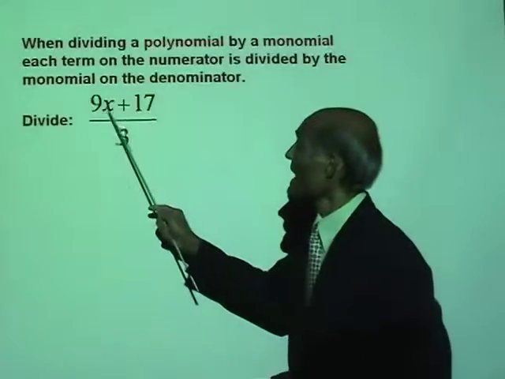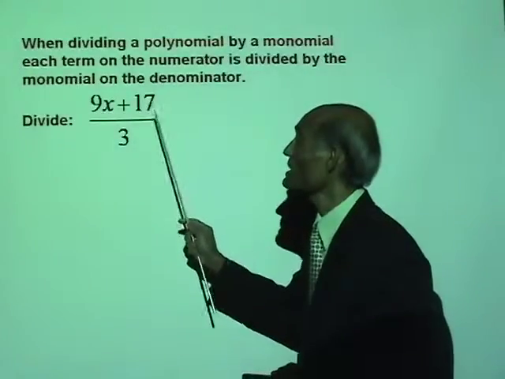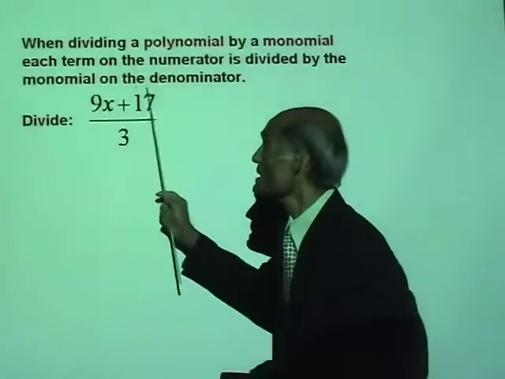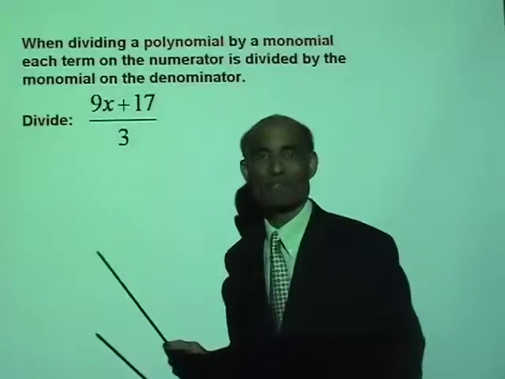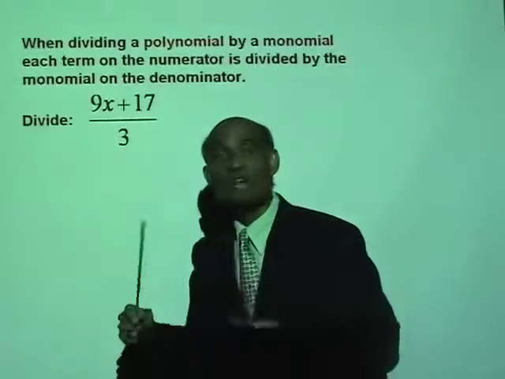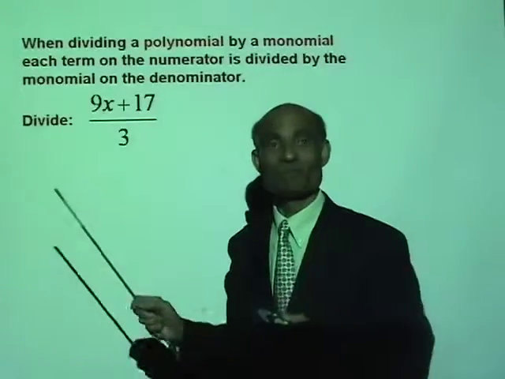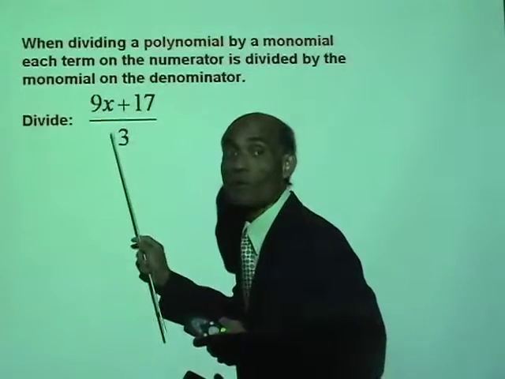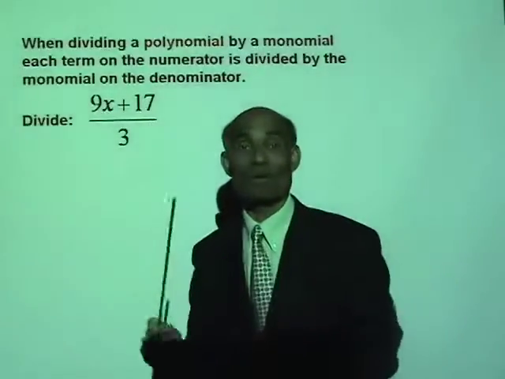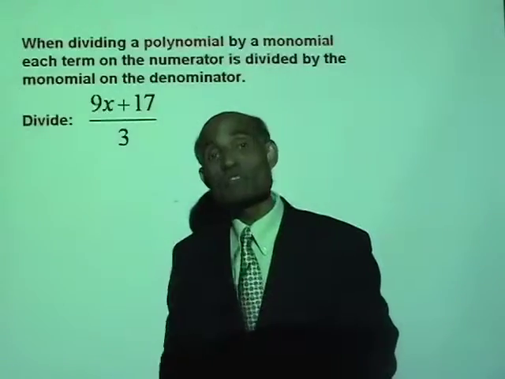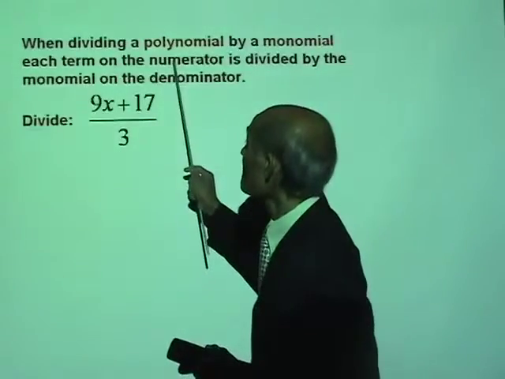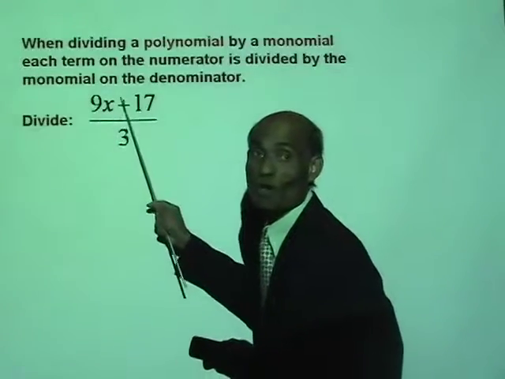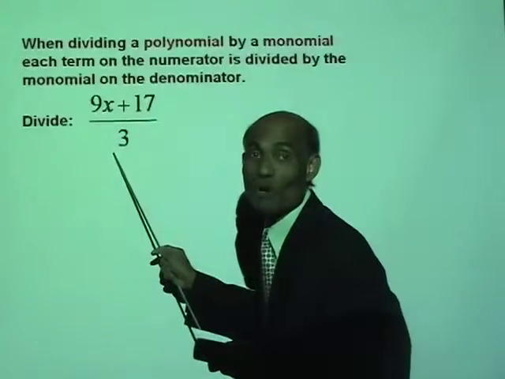Divide 9x plus 17 all over 3. Now the numerator is a binomial. The denominator is a monomial. So here we are dividing a binomial by a monomial. Now what is it that we're supposed to be doing? We divide each term of the polynomial by the monomial.